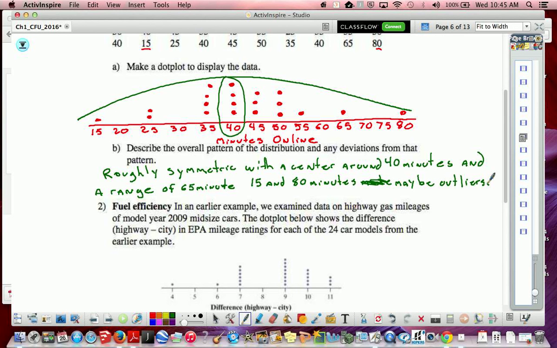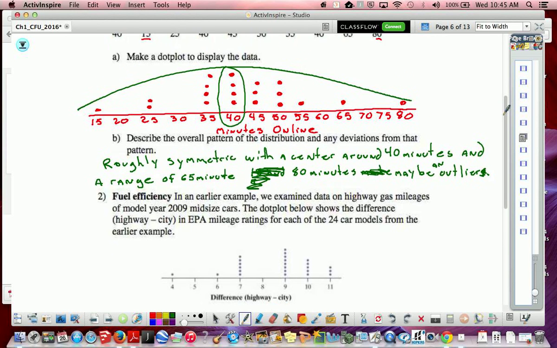And then you might be arguing, well, why isn't 65? So there's parts of me that says, with that 15 in there, should it be in there or not? Now rethinking it, I might take that out. I might say 80 minutes may be an outlier. I'll rephrase it there, an outlier, just because 65 and 15 probably are a little bit closer. Later on, we'll talk about how to mathematically justify an outlier.